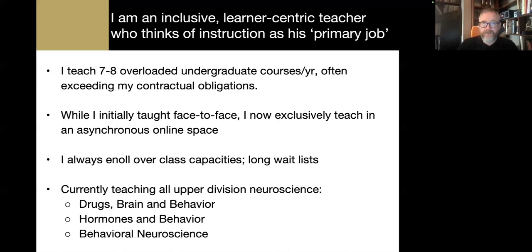My classes tend to be very high enrolling, and I typically raise the capacity by about 50% each time. The cap is typically around 30. Right now, I'm teaching 3 classes, each of which has about 50 to 60 students in them.